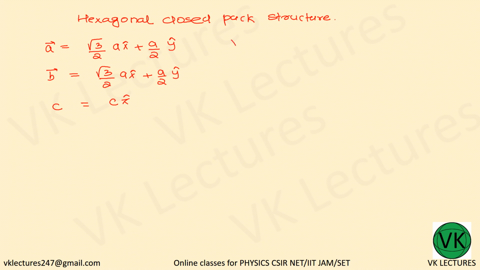Volume of the crystal is root 3 by 2 a square c. Number of lattice points is equal to 6. That means number of atoms.